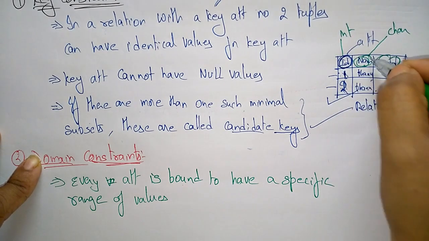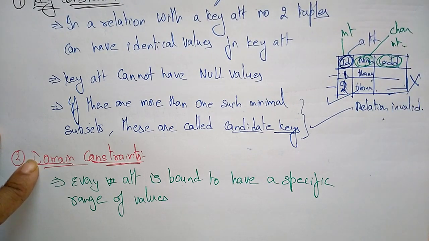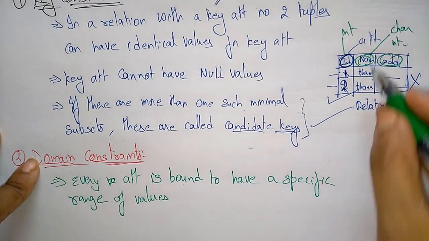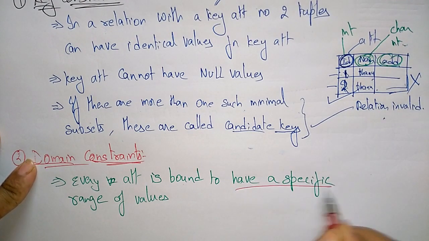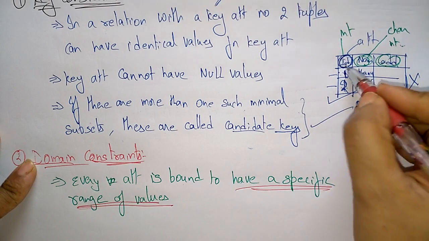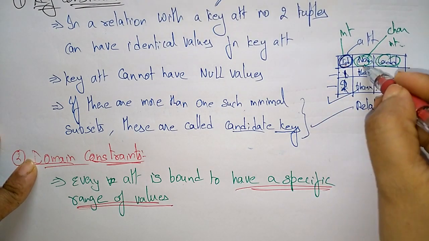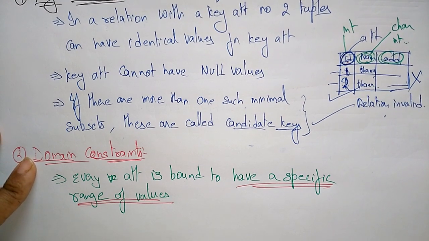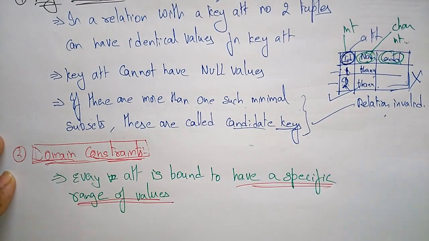If you take name as an integer, does anyone have the name 1, 2, 3, or the names 30, 40, 50? So whatever attribute you take, it should have a specific range of values. The ID should always be an integer value and the name should always be a character value. That you call a domain constraint.